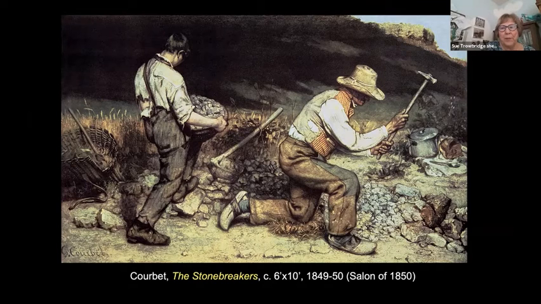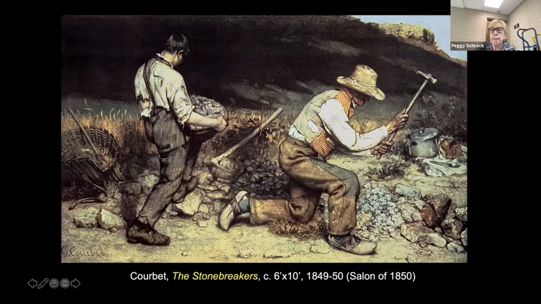Can you talk about the free salon a little bit? I'm sorry, the what? Free salon? Pre-salon? I'm not sure what you mean. Free. Oh, free, sorry, I thought you said pre. The free salon is what happened in 1848, when there was a revolution and they overthrew the king and set up a republic and elected a new president, and he wanted to be popular. So he did away with that jury system that had been run by the academy.